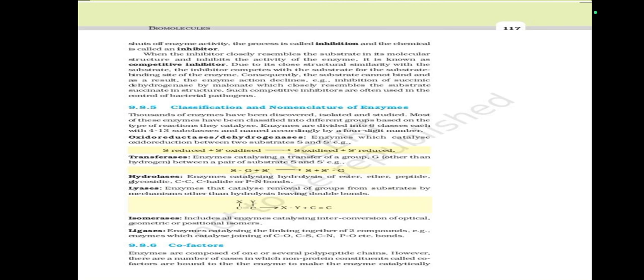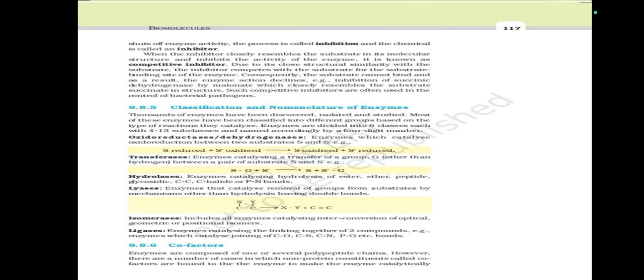Oxidoreductases or dehydrogenases: enzymes which catalyze oxidoreduction between two substrates S and S'.